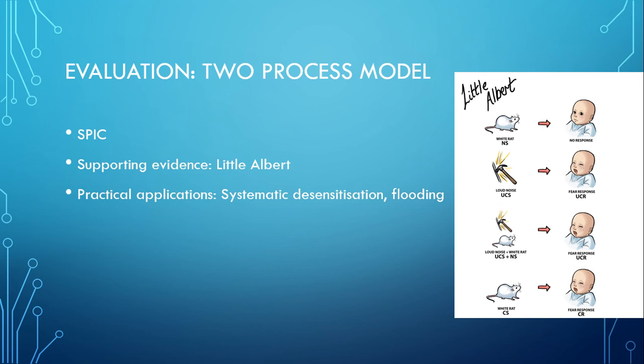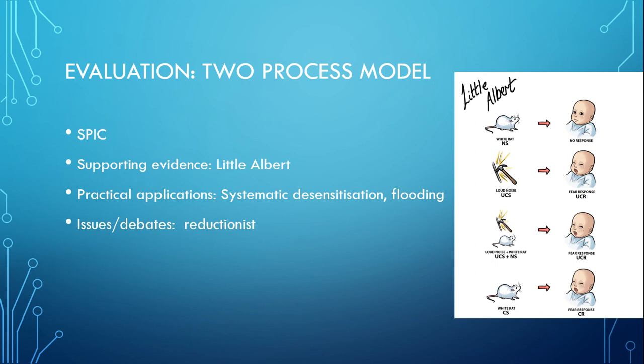But a practical application of the 2-process model, and the behavioural explanation of phobias altogether, is systematic desensitization, which is where you do counter conditioning. So at the moment, you are conditioned to have a fear of dogs. However, systematic desensitization counter conditions you to, instead of responding with fear, respond with feelings of relaxation, and we'll look into that a bit more so you can summarize that.